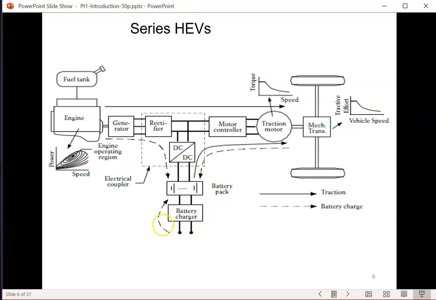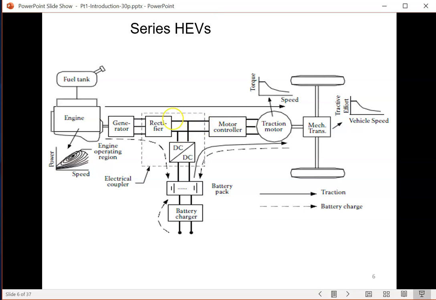So that's the battery. Of course, the battery can be charged externally from other sources, power sockets in your garage, things like that. And then this DC voltage, on the other hand, is fed into something called a motor controller, which involves some computers, but also something called a power converter as well.